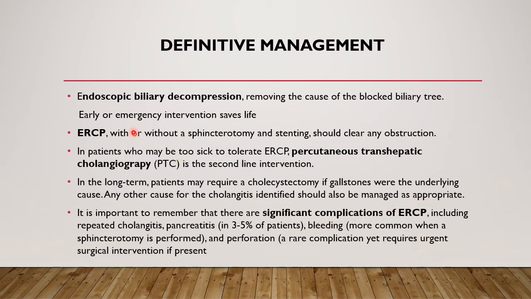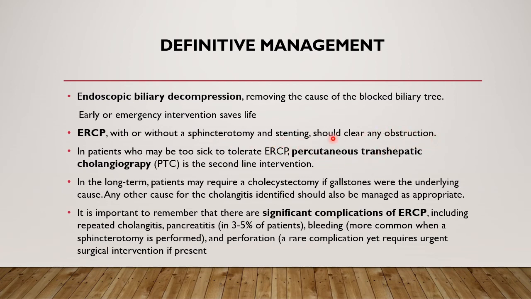Definitive management will be biliary endoscopic decompression. This is the ERCP. And this must be done as an emergency intervention. And in many cases, if you do it early, it can save life. ERCP with or without sphincterotomy and stenting should clear any obstruction.